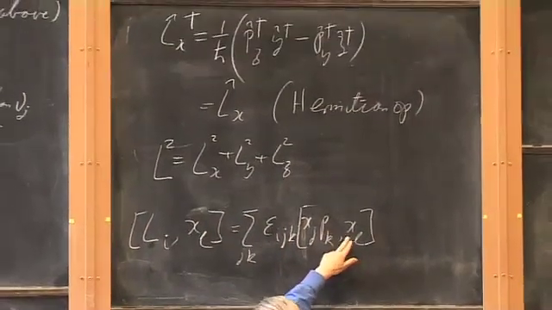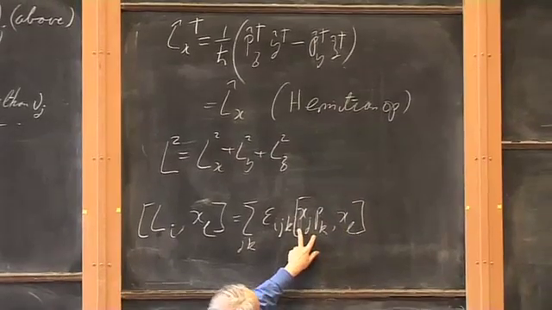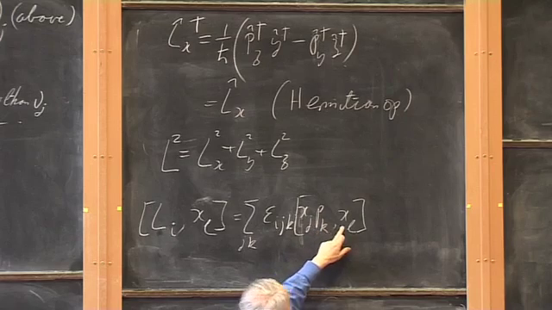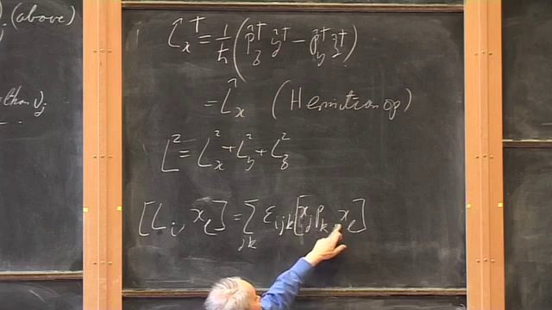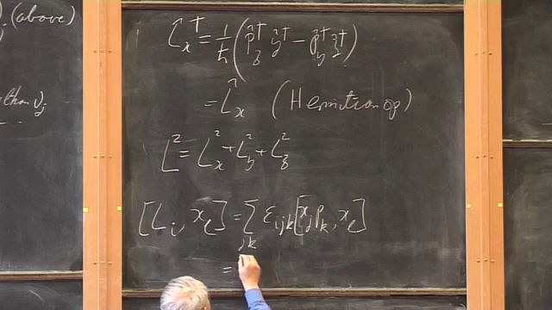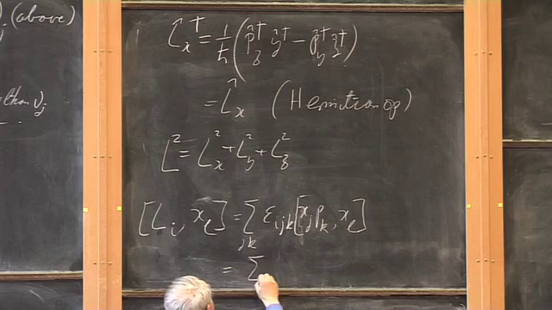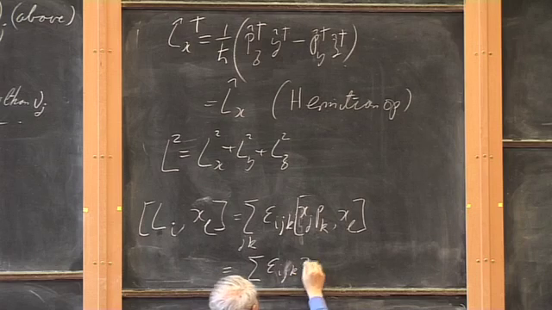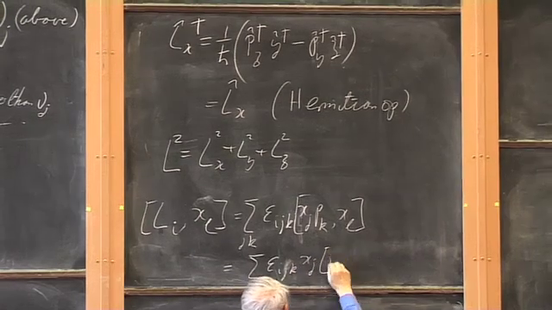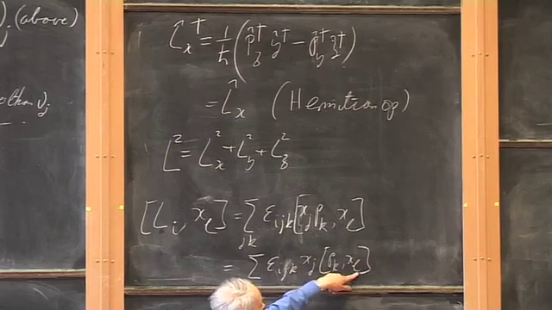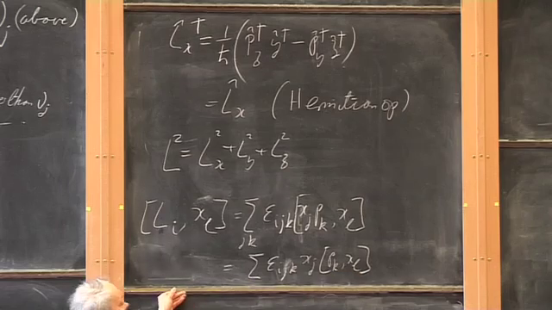So this is the commutator of an operator with a product. So in principle, there are two terms. There's this thing stands idly by whilst that commutes with that. And then there's this thing stands idly by in the back where this commutes with this. But obviously the x's all commute, so forget that. So we only have to consider this commutator. So this is equal to the sum epsilon i j k of xj standing idly by while we do the commutator pk, xl. But this is minus i h bar delta kl.